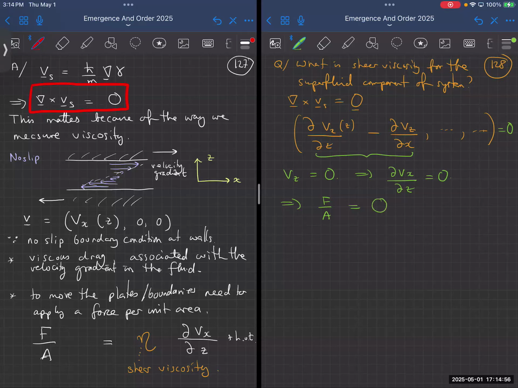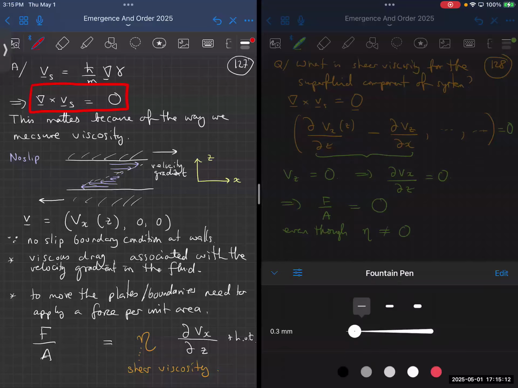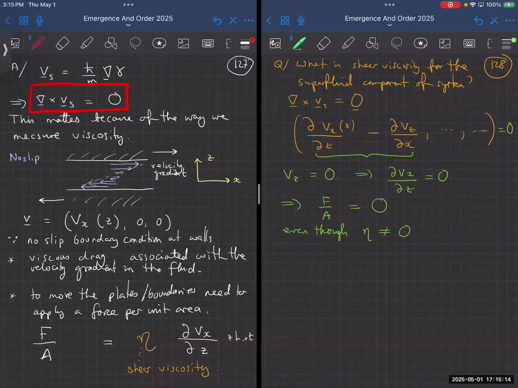So even though this shear viscosity might not actually be 0, the force per unit area is equal to 0. And so that's why we get a superfluid. So the superfluid seems to have no shear viscosity.